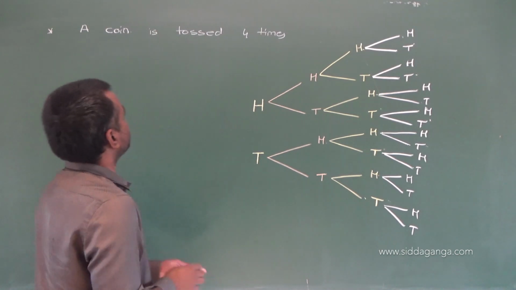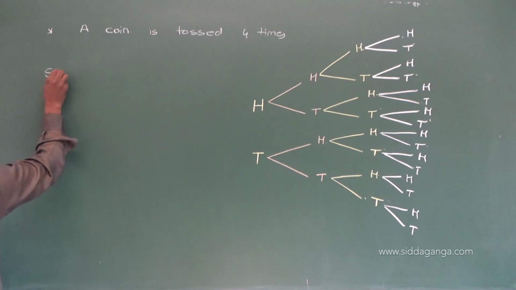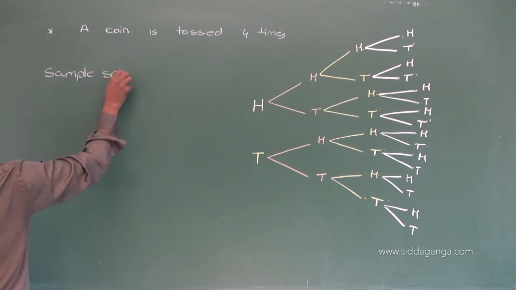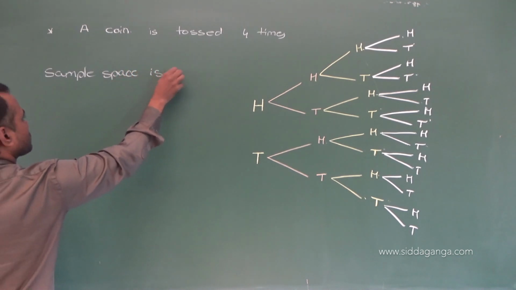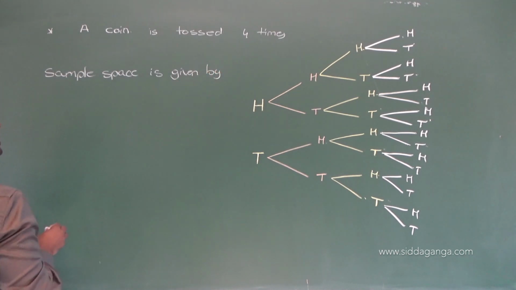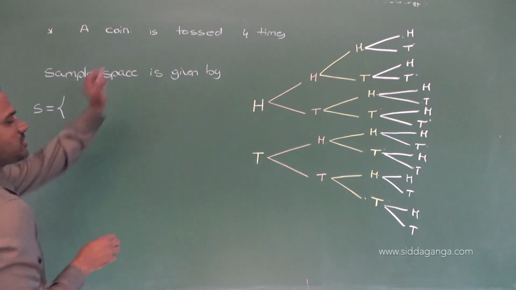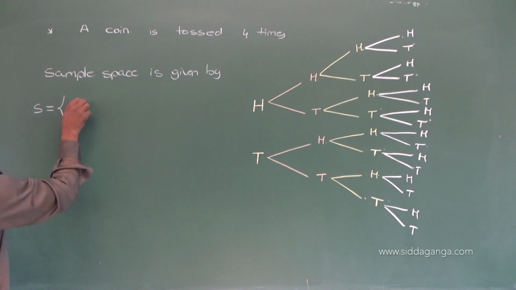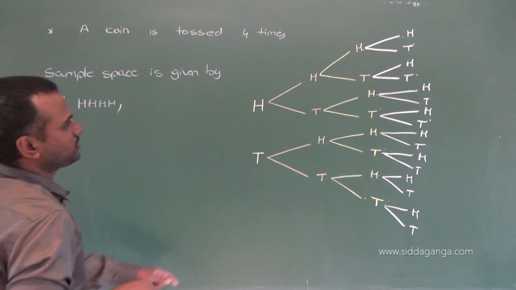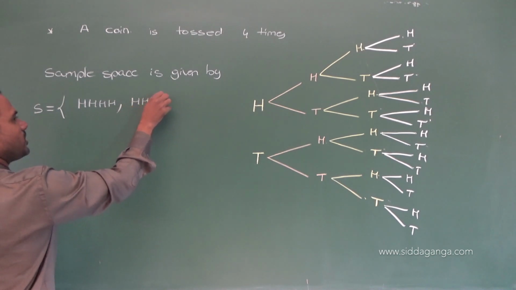Okay, we write the sample space of the experiment. The sample space is given by S is equal to: first one, all four are head. Second one, three heads, one tail.